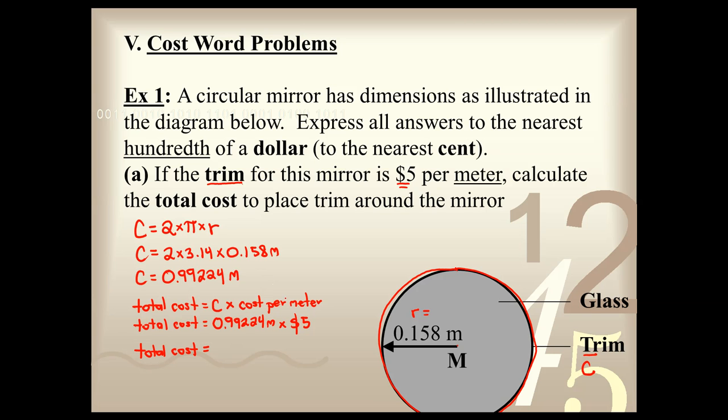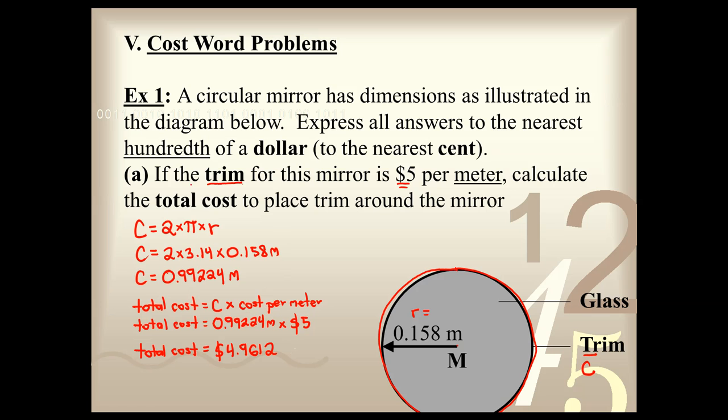I'm going to expect it to be a little bit underneath $5 because I don't quite have a meter of trim. I have about 0.99224 meters. It should be a little bit less than that. When we calculate this, just multiply by 5, I get a number. This is going to be in dollars. That would be $4.9612.